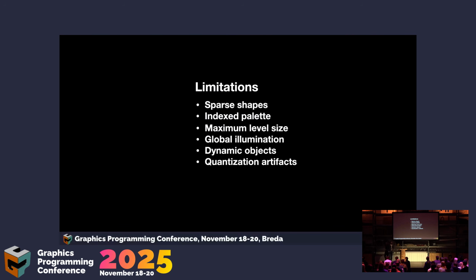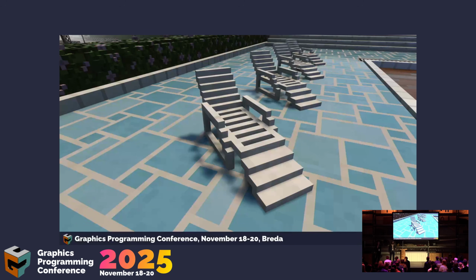All right. So the keen among you might notice that the bottom four of these limitations actually all relate directly to the shadow volume. So if we were to have another example of what the lighting looks like in Teardown, we can see these quantization artifacts.